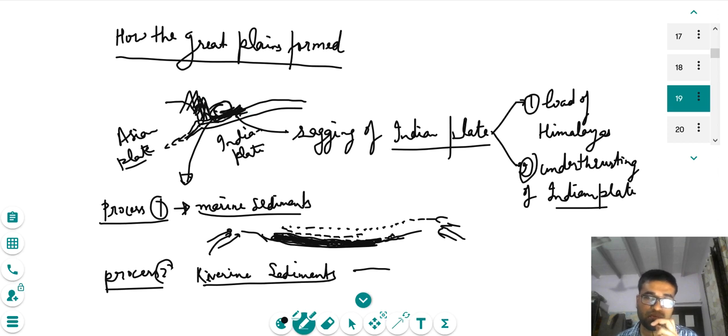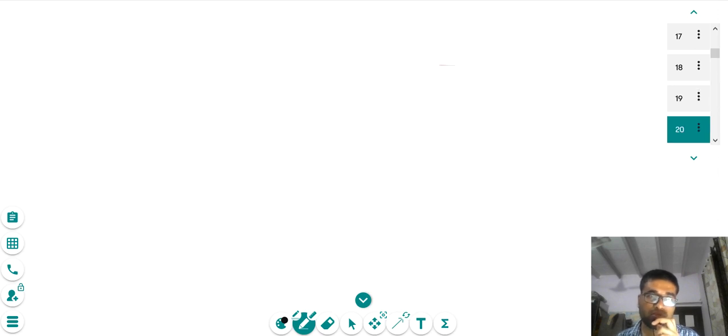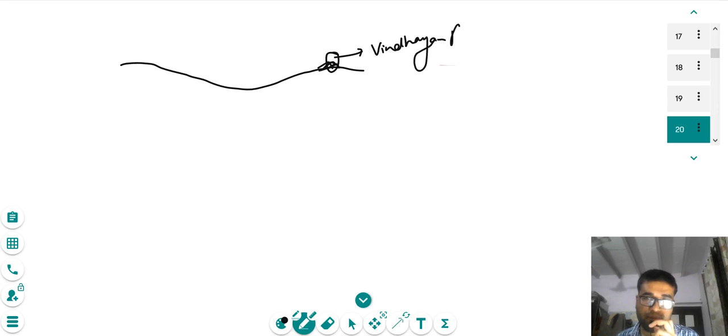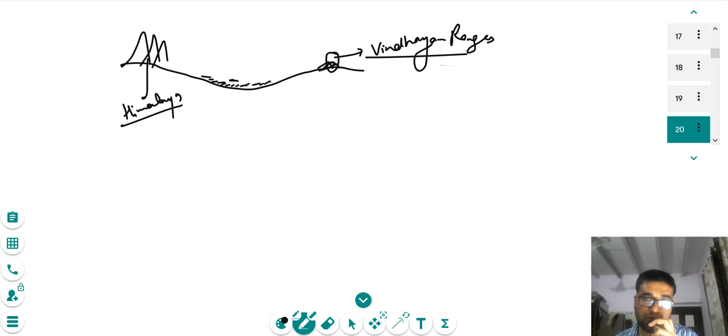So let me make this diagram again. So this is something the shape of this thing. Here you have the Vindhyan ranges, right? And here the formation of Himalayas, right? Now in this sagged part of the Great Plains, there was deposition of the marine sediment, right?